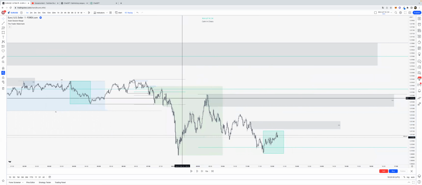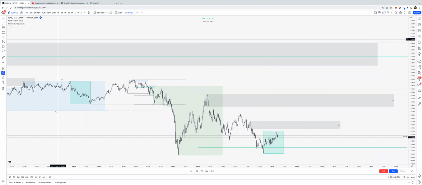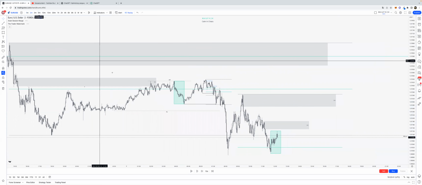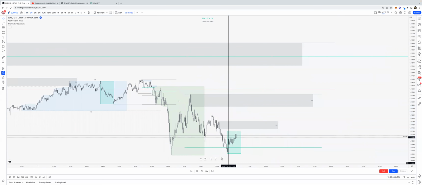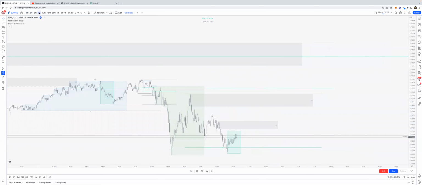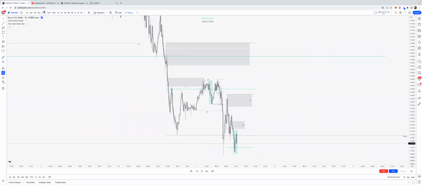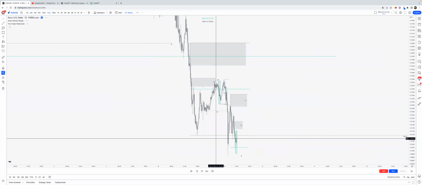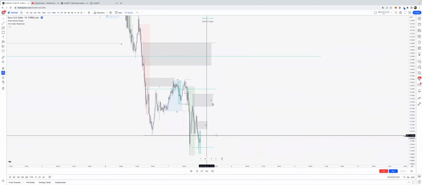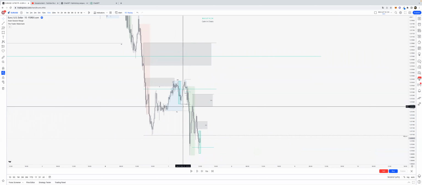That's the trade. And then what can we see? We have this area over here, and actually that's mitigated for me, so I wouldn't look for a trade there. But order flow continues. Actually, price reacts from, I think it was a 10 or 15 minute POI. Yeah, 15 minute and 10 minute as well.